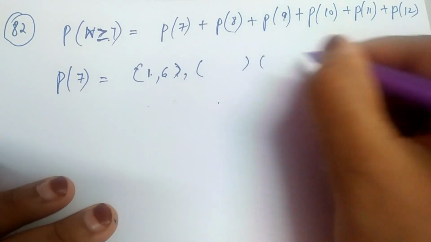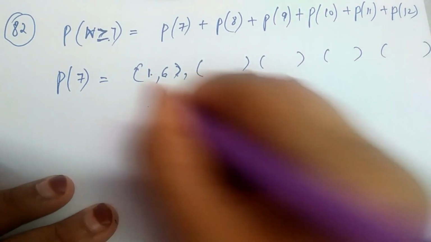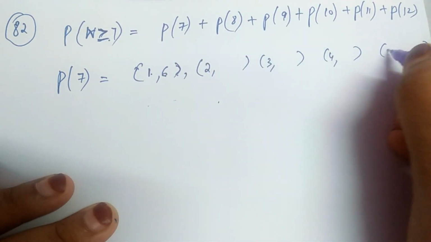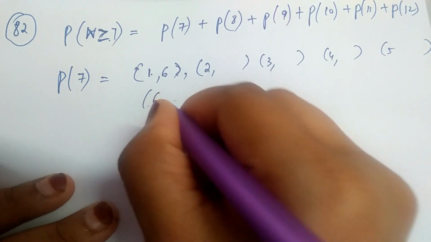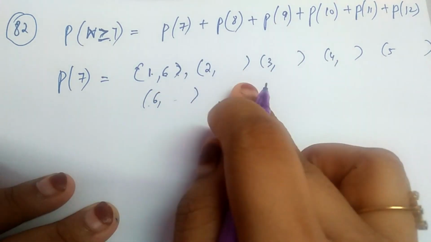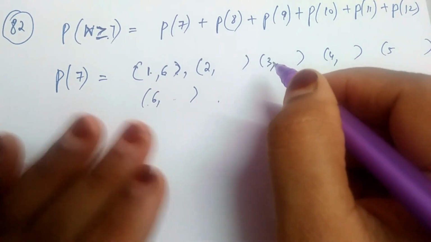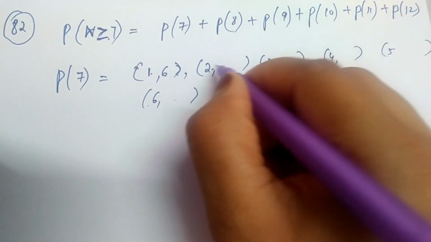Let us take a bracket easily. 1, next is 2, next is 3, 4, 5, next is 6. Not more than that; obviously, more than 6 you will not get on a dice. Here we need to get 7.